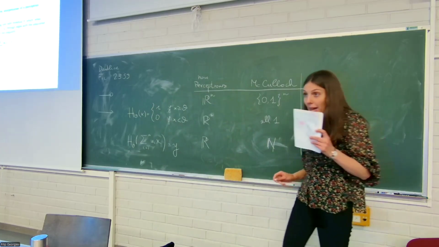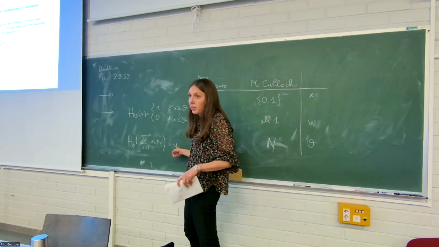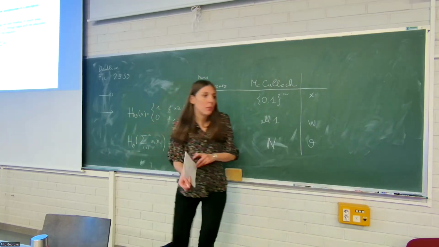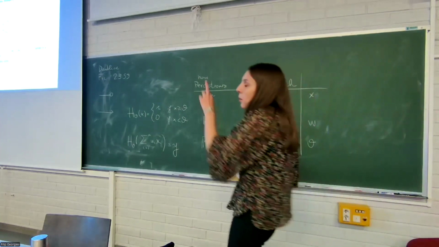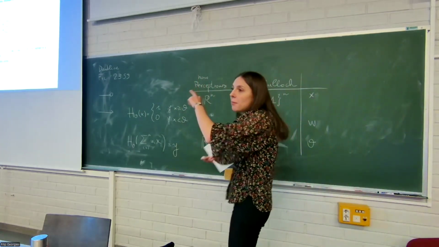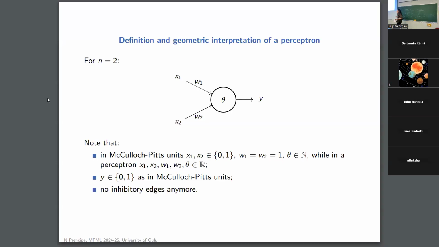And anyway, the output: why? Because the output of the neuron is still one. I'm going to do a drawing of the neuron. Maybe I already did. Yes, this is a perceptron with two inputs. So the drawings look the same, but we have tiny W's. But the output Y is still in 0 and 1.